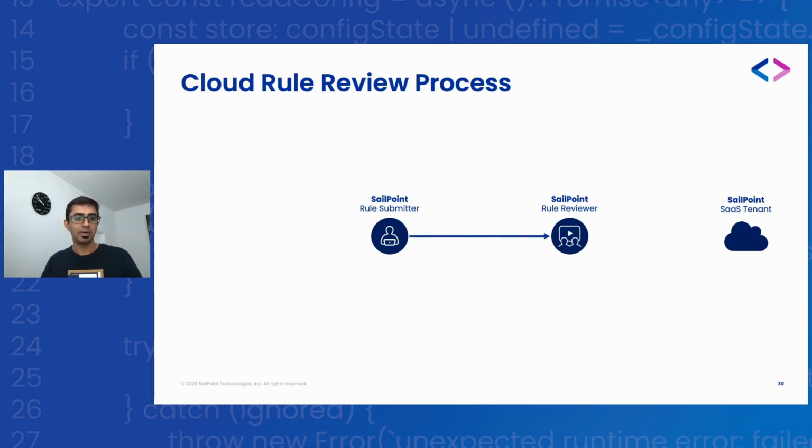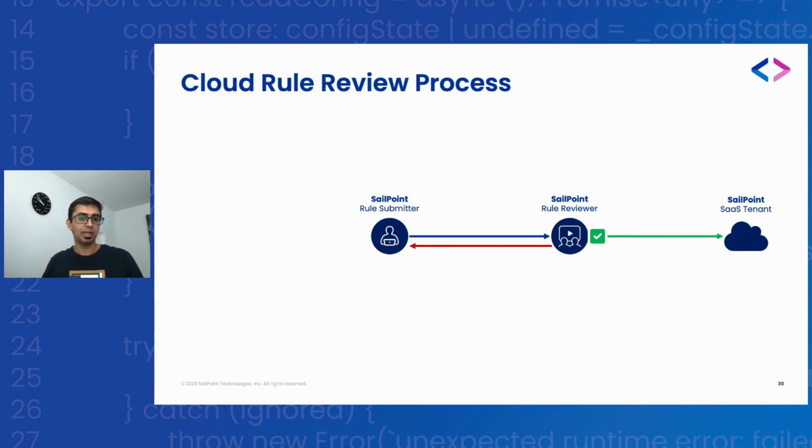We have a reviewer team that reviews the code and makes sure there are no issues in the code, no infinite loop, and that the code is following the best practices and all those things. Once the review team approves the request, it will be automatically deployed into the tenant.